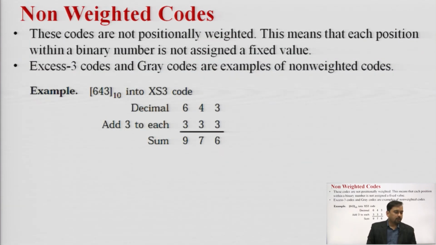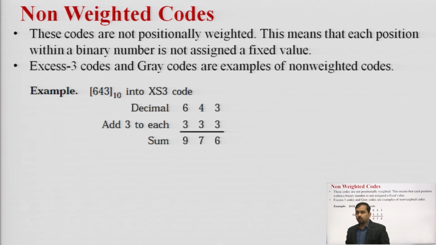Now we have the non-weighted codes. These codes are not positionally weighted, meaning that the weight for a particular position is not defined, and the decimal representation is not as per the weights. Each position within a binary number is not assigned a fixed value. Some of these non-weighted codes are the excess-3 code and the gray code.